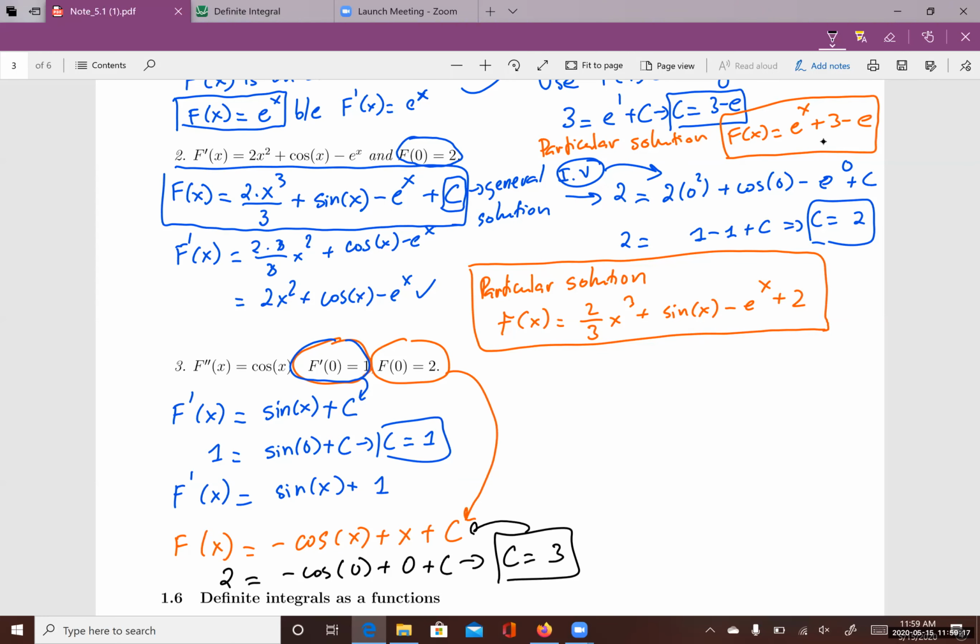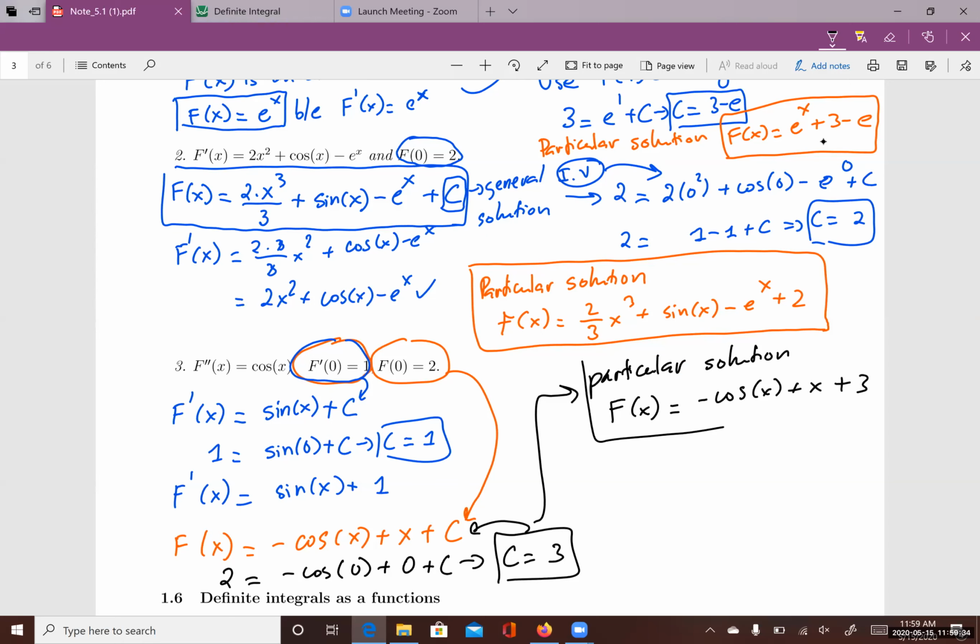So you plug 3 in here to get your particular solution. So the particular solution is f of x, the original function, equals negative cosine of x plus x plus 3. That is your particular solution to this differential equation.